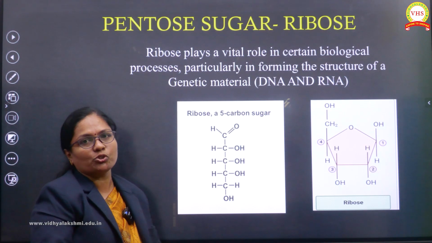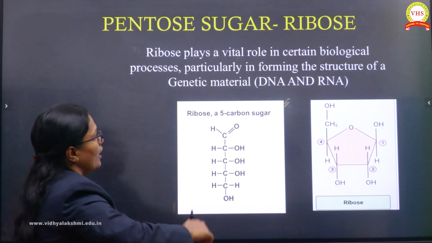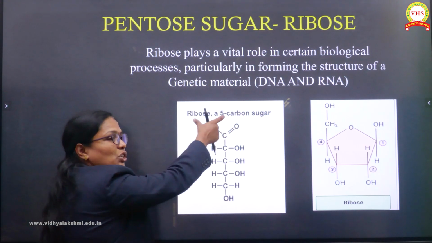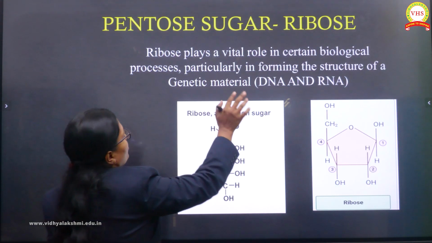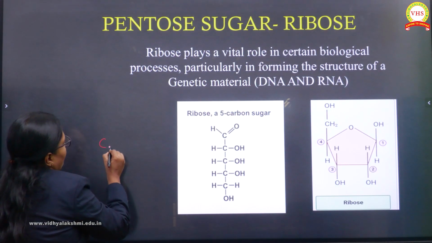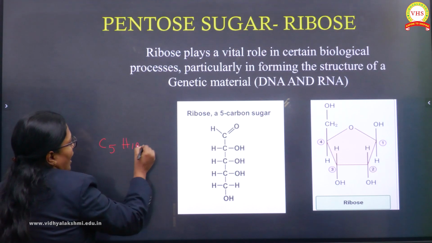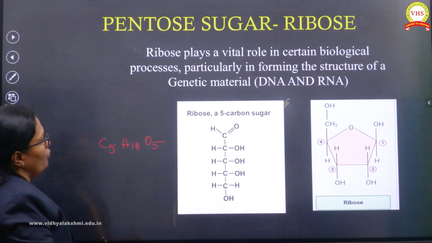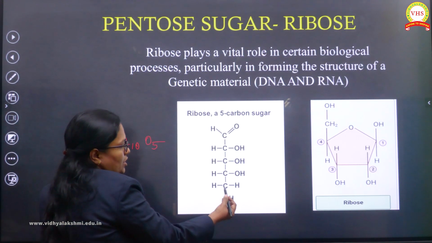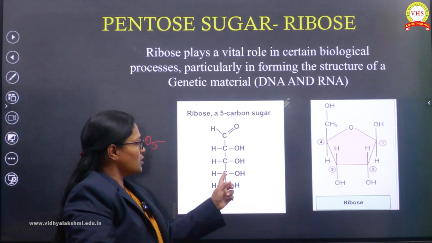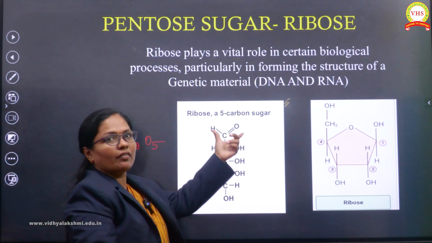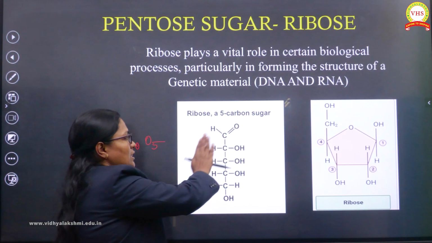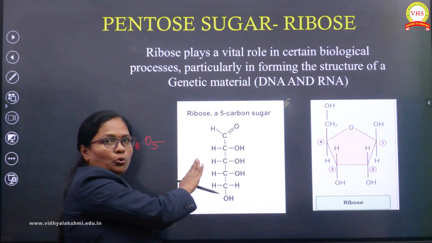It contains a pentose sugar, a ribose. Ribose has a straight chain structure and is made up of C5H10O5. Here is the straight chain: C1, C2, C3, C4, C5. 5 carbons with their hydroxyl groups and hydrogen groups.